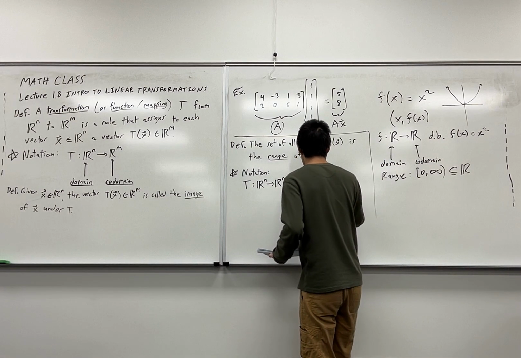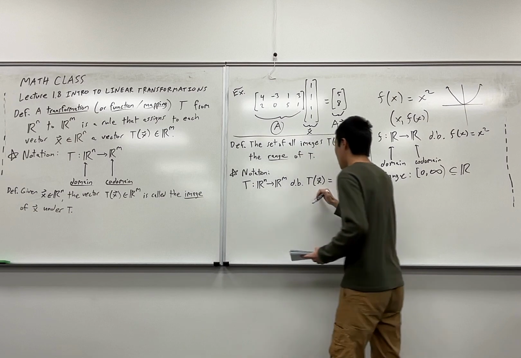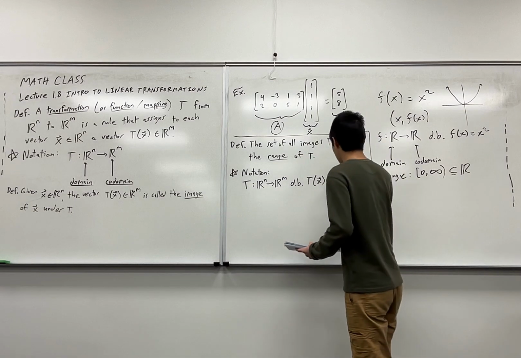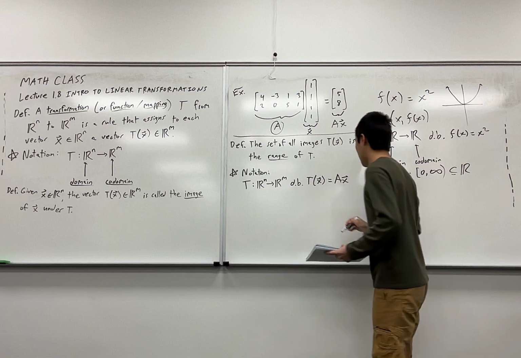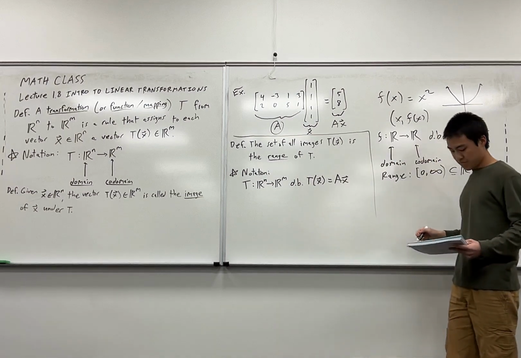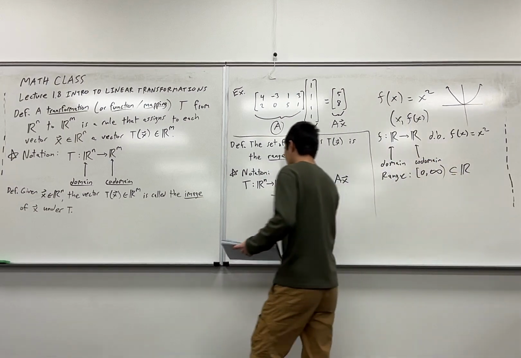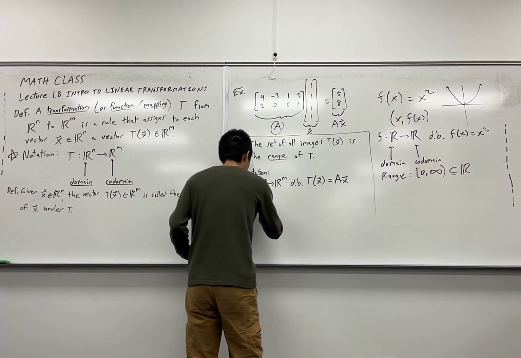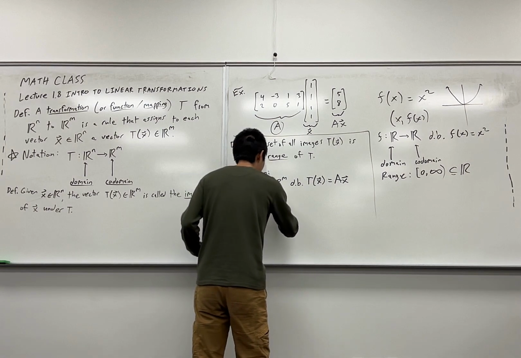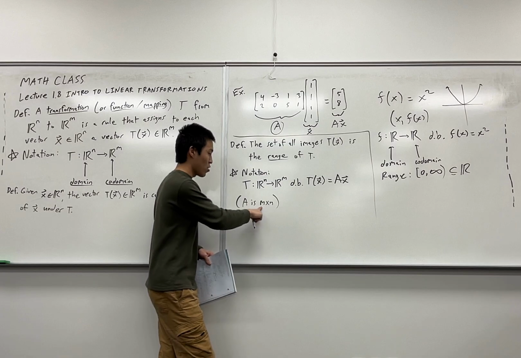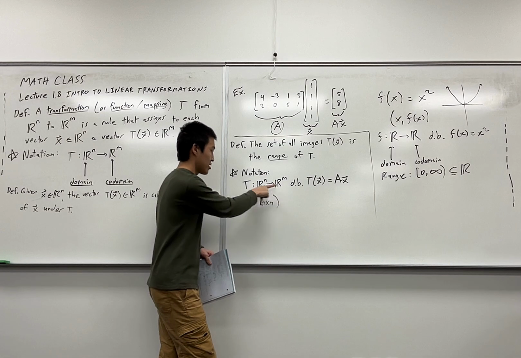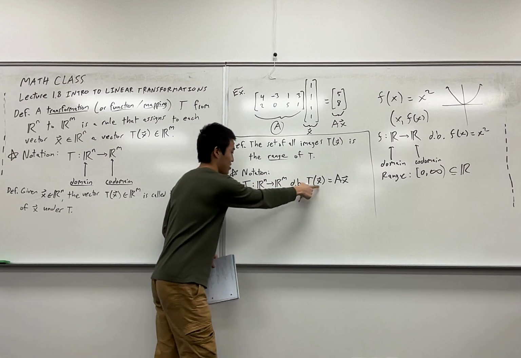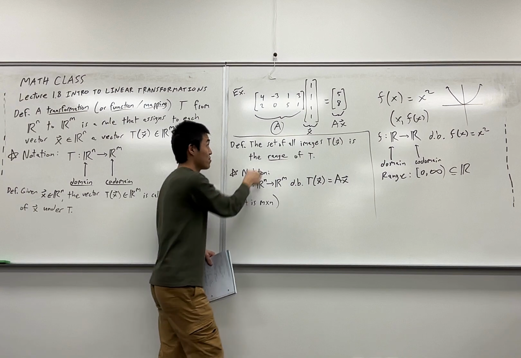Specifically, they articulate that relationship: T of the vector x is Ax, where it's understood, in general, that A is m by n, number of rows, number of columns. That's why we want our input vector x to have the same number of columns.